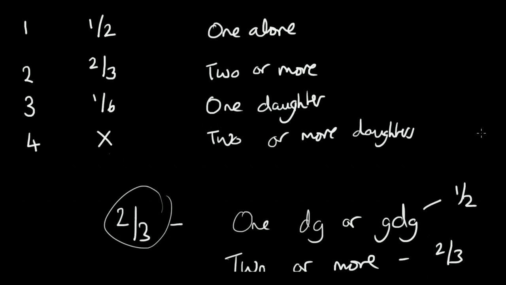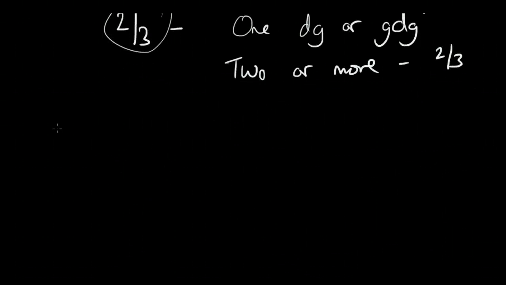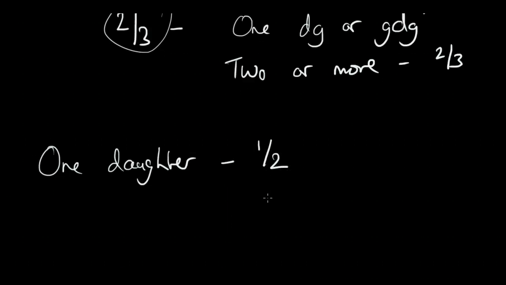However, if there's only one daughter, we learned that she gets a half, and if you know your maths, you'll know that half plus a sixth is equal to 2/3.